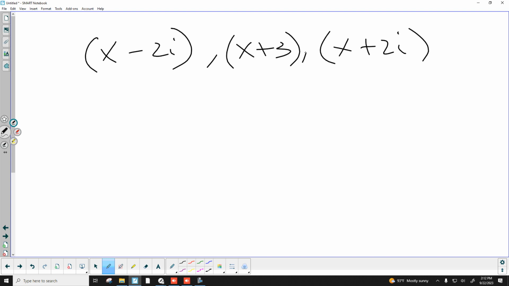I heard 5, I heard 4, I heard 3. Yeah, so this is a trick. You see this on your homework. I'm giving you the pair. I got x minus 2i, x plus 2i. You multiply those two together, it'll just be x squared plus numbers. This is x plus 3, -3. So this little trick gives you just the x cubed.